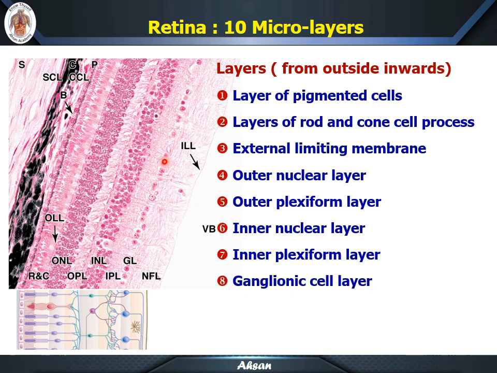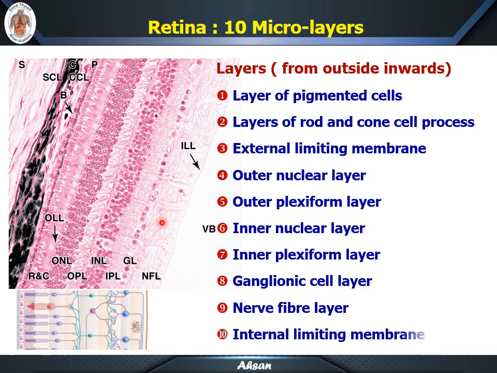And the ninth layer, the fibers, means the nerve cell processes converge here as the nerve fiber layer, and the innermost is a very thin limiting non-cellular layer. So these are the 10 layers visible under high powered microscopes. A laboratory microscope is enough to identify this.